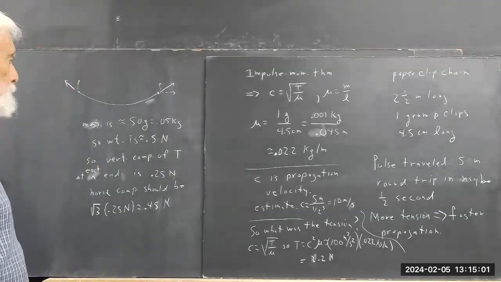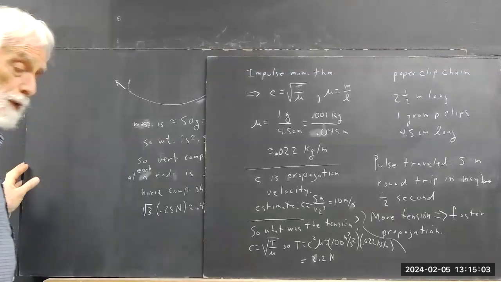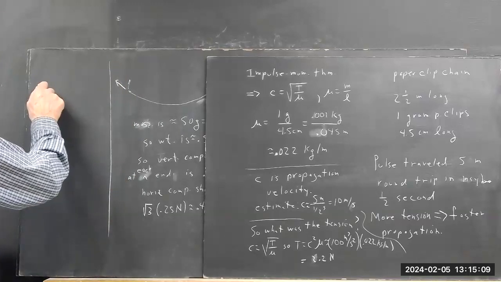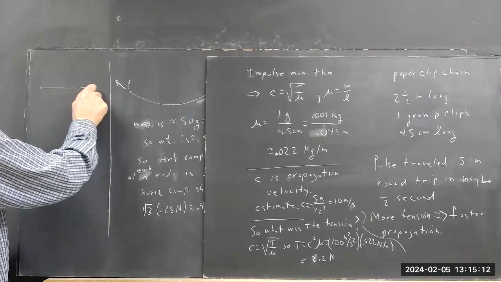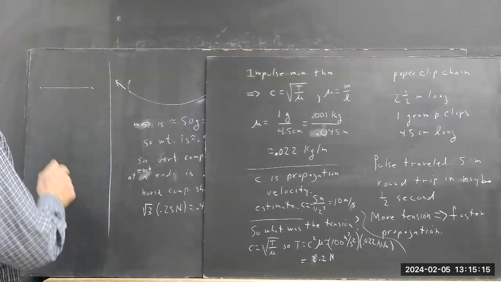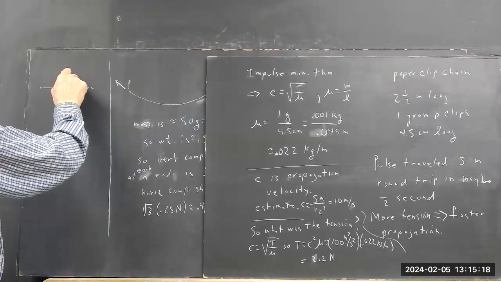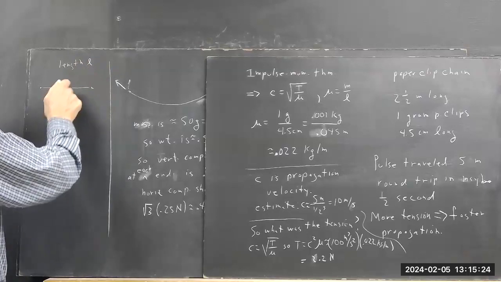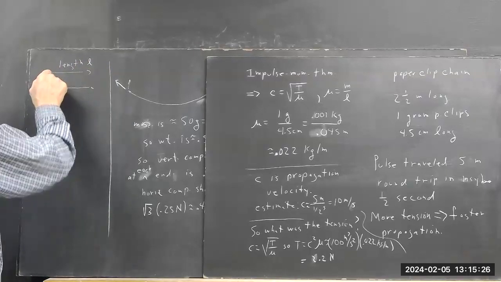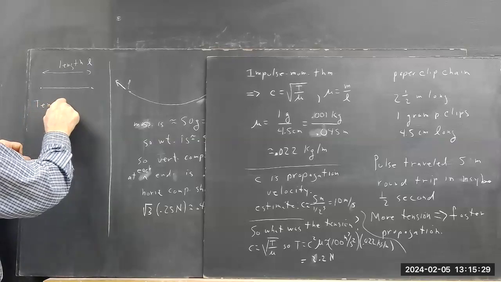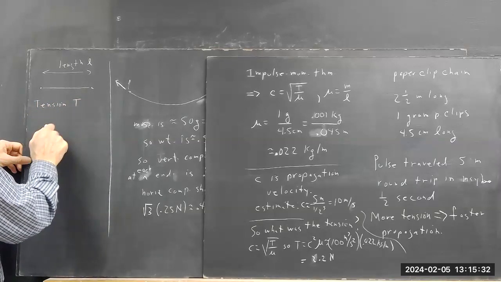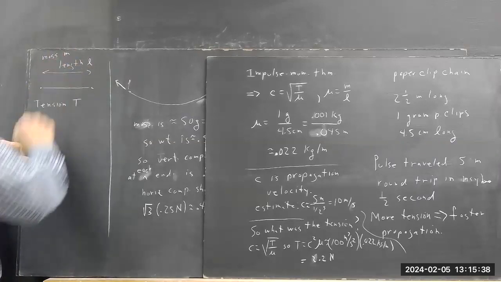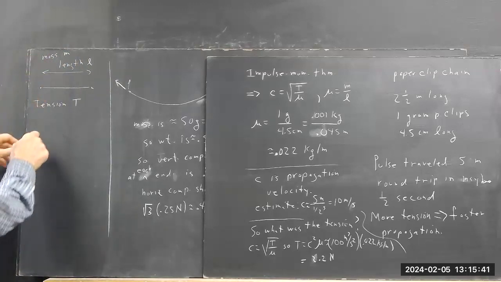But now we're just going to assume that we have a chain now of length L and it's straight. So we've got mass M, length L, tension T.